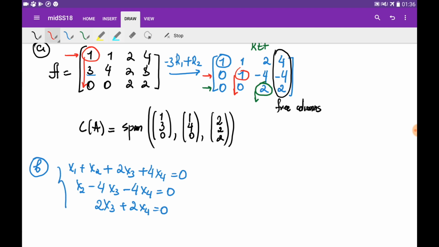Since the last column is the free column, its corresponding variable x4 is also going to be the free variable. Since there is one free column, we're going to have only one special solution.